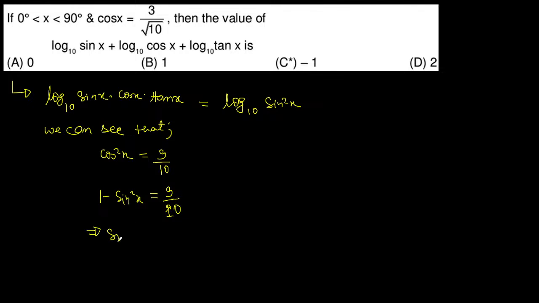We can simply say that sin square x is 1 minus 9 by 10, which is equal to 1 by 10. So here it is log base 10 of 1 by 10, which is nothing but minus 1.